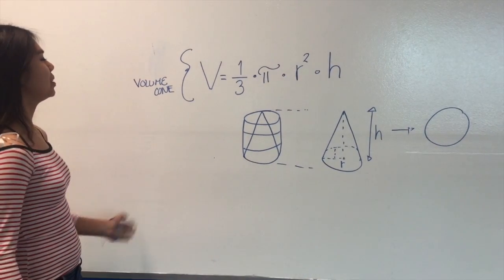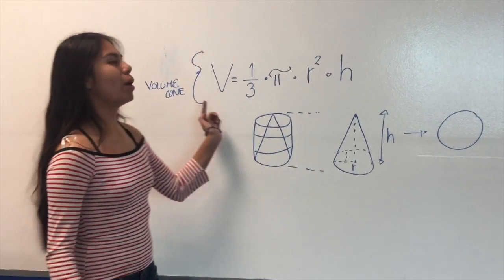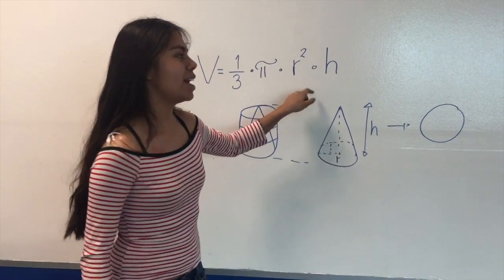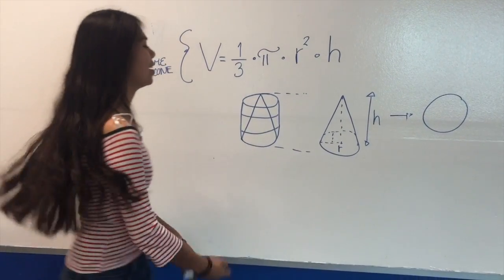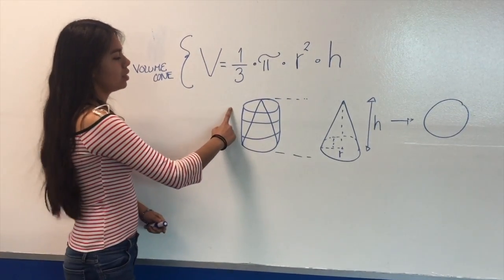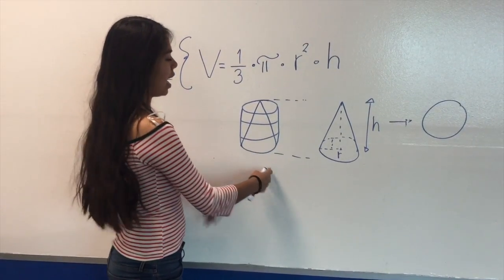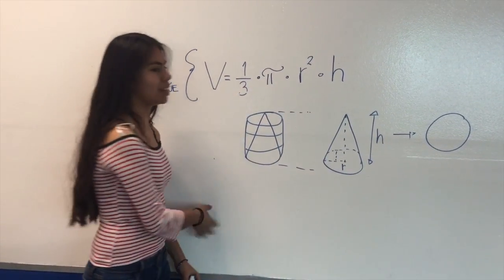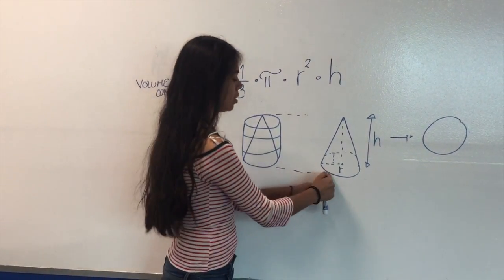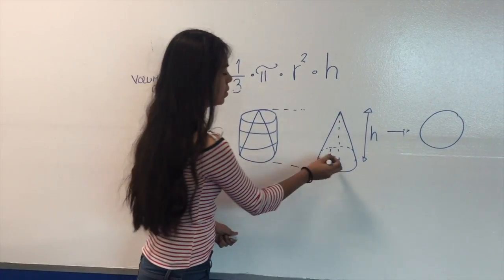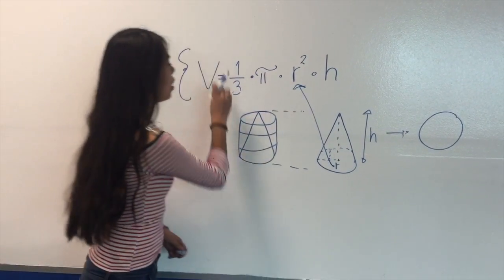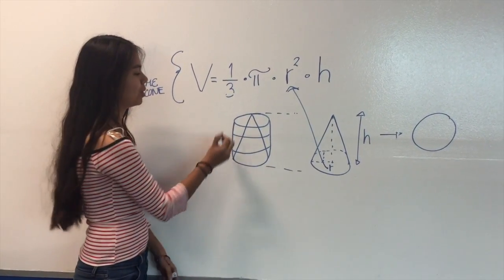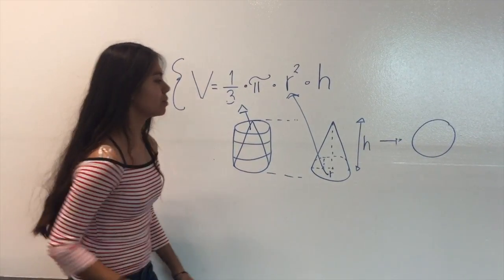First of all, we know that the volume of the cone is 1/3 times pi times radius squared times h. Well, why? We have a cylinder. Inside had a cone, but the cone is not the whole cylinder. So it's 1/3.